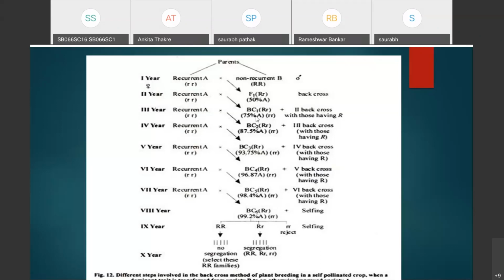At the end of the sixth generation, these progenies are not crossed with the recurrent parent, but are allowed for self pollination.